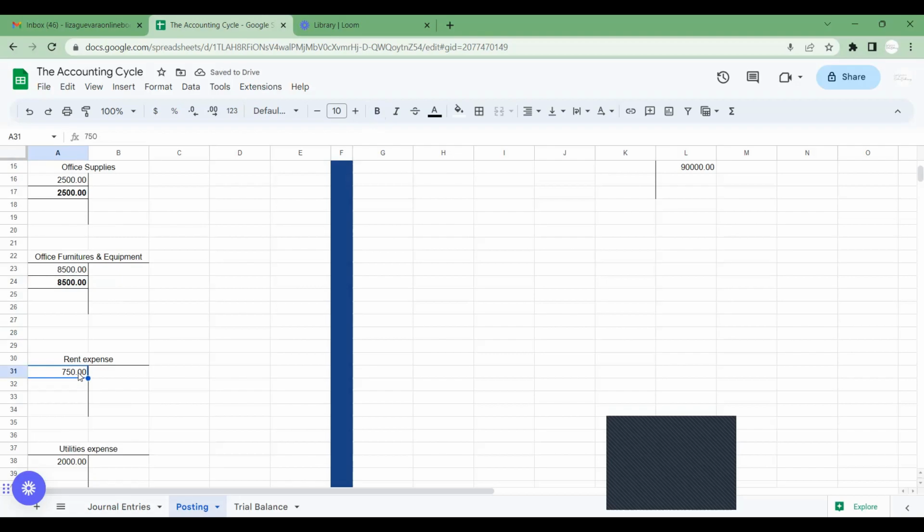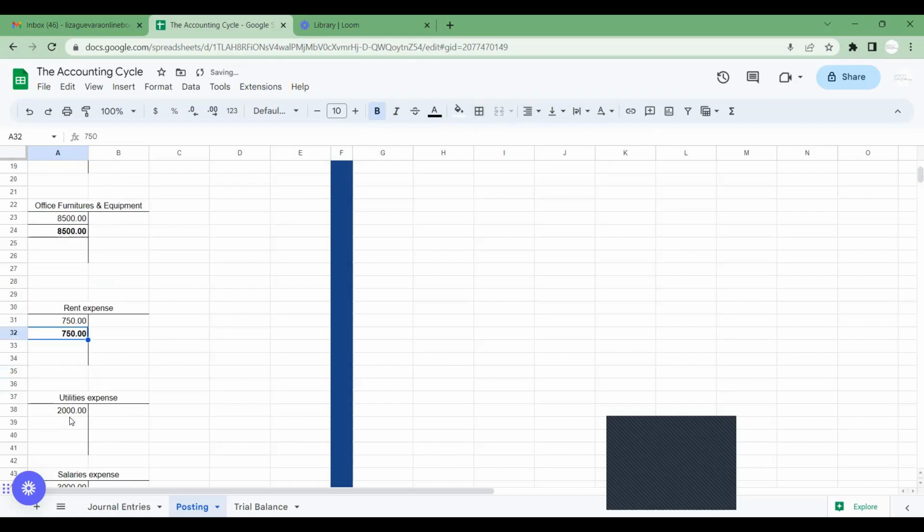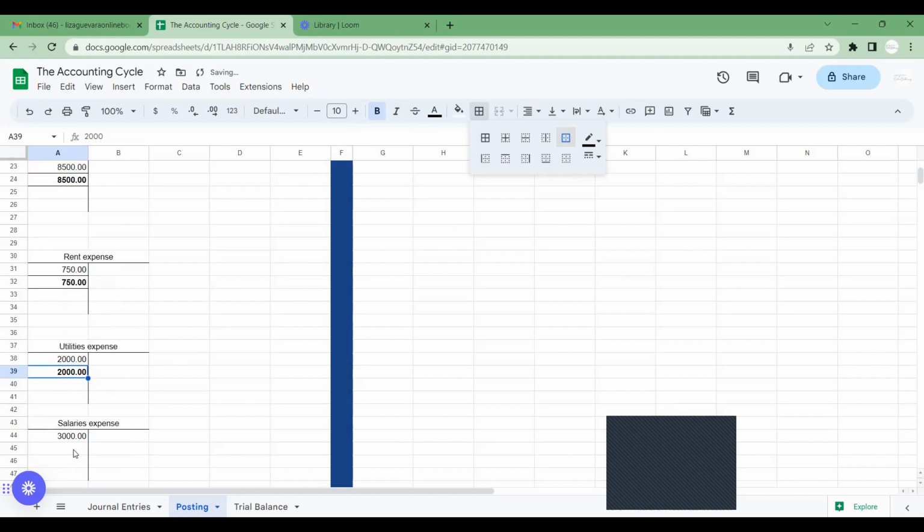Your rent expense is the same. Utility is the same. And the salary is the same.